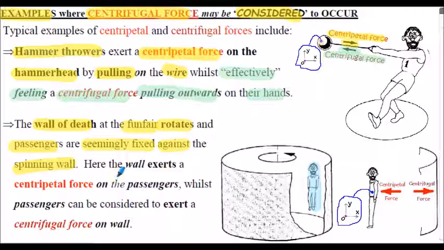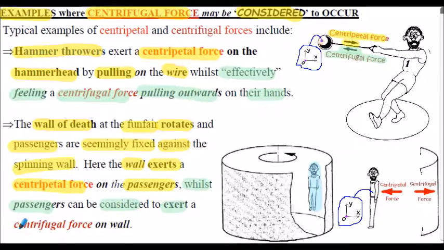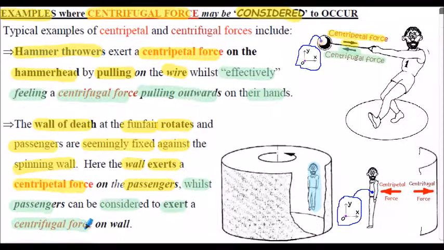In this case, the wall exerts a centripetal force on the passengers, ensuring circular motion, whilst the passengers can be considered to exert a centrifugal force on the wall. Here's the centripetal force applied from the wall on the body. Here's the centrifugal force that can be considered applied by the body on the wall. Again, we have body fixed axis here.